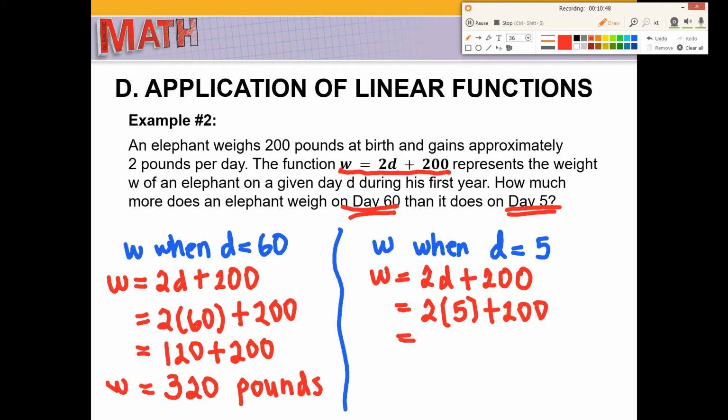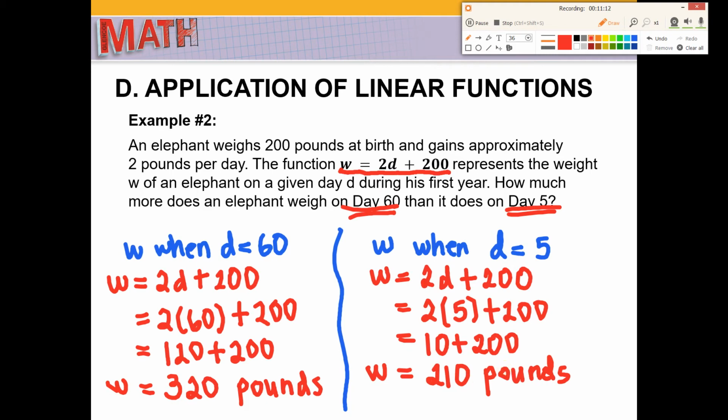Then we will have 10 plus 200, which will give us 210 pounds. This is the weight of the elephant after 5 days of being born.